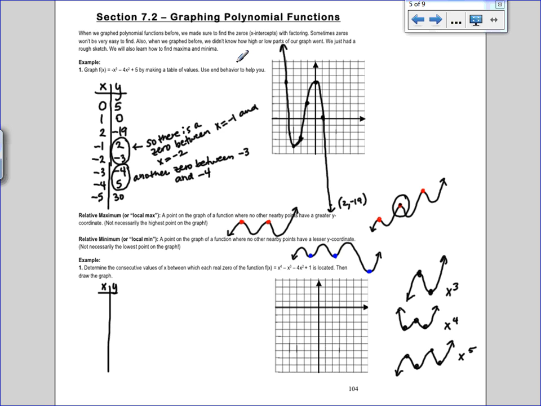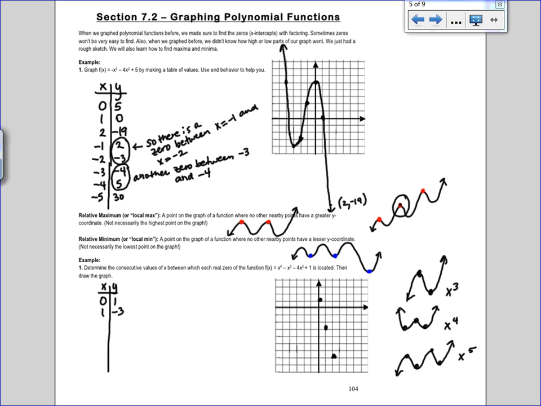All right, so let's continue with this one. When I plug in 0, I get 1. When I plug in 1, I get negative 3. When I plug in 2, I get negative 7. And when I plug in 3, all of a sudden I get 19.